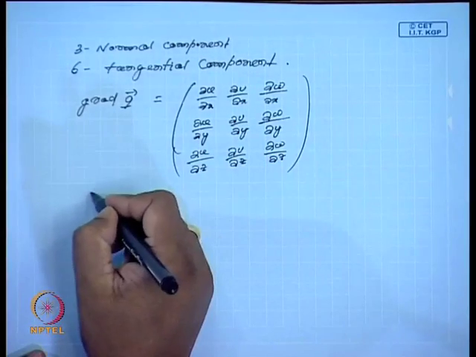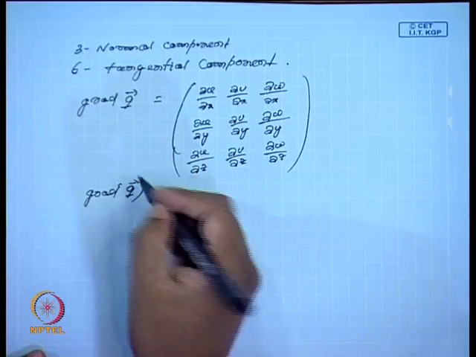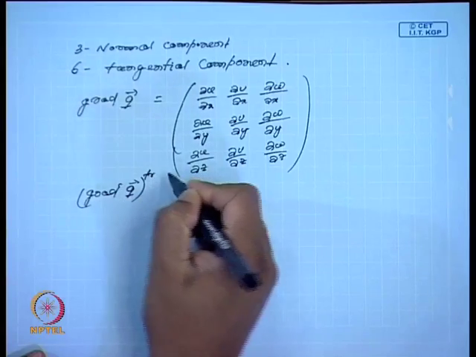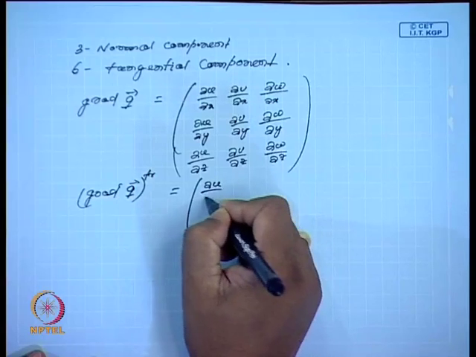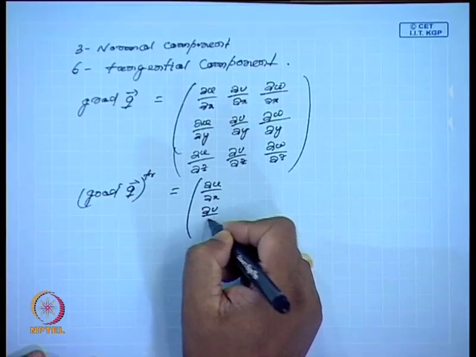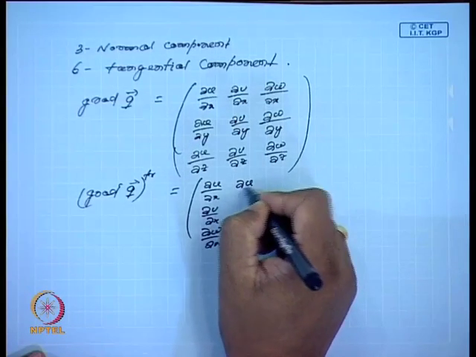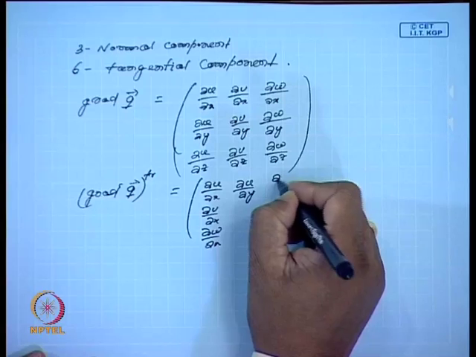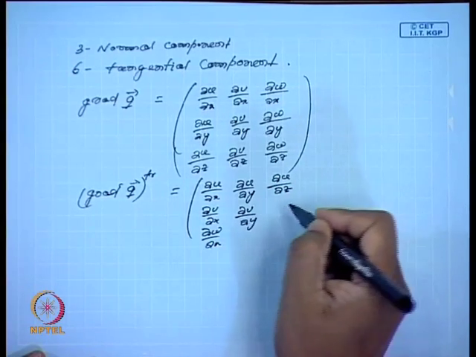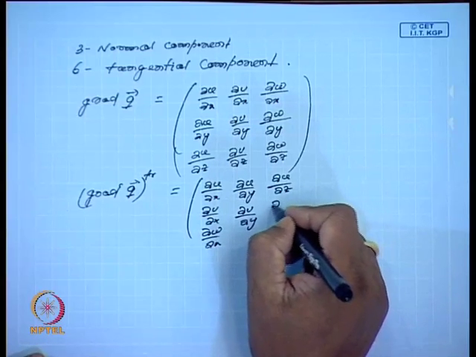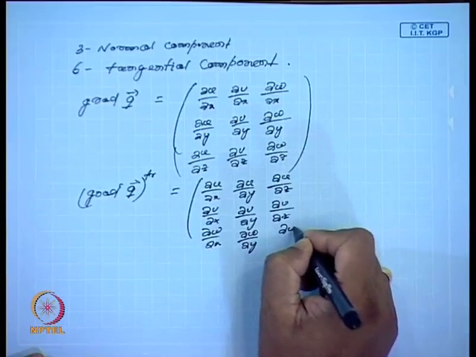And if you look at the transpose of grad q bar, this gives you del u by del x, del v by del x, del w by del x, and then del u by del y, del u by del z. This will remain as del v by del y, and then del v by del z, del w by del y, del w by del z.